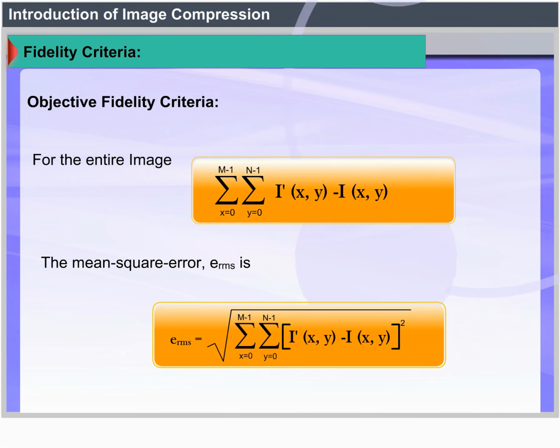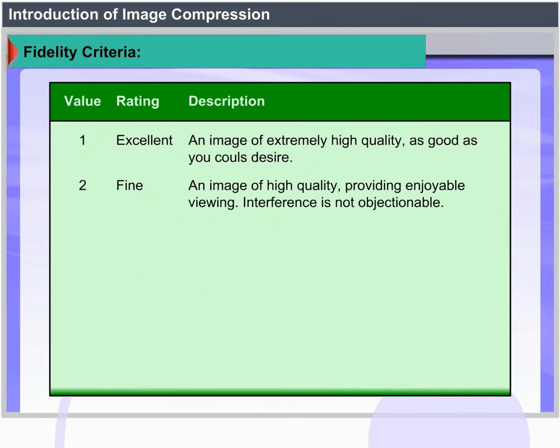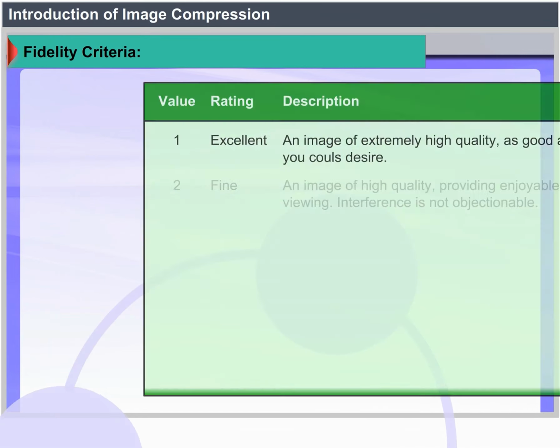The mean square error signal to noise ratio, SNR MS, is defined as shown. The image compression system block diagram is shown on the screen.